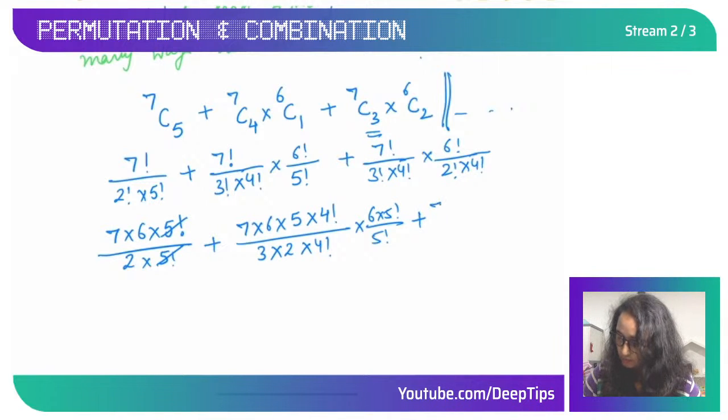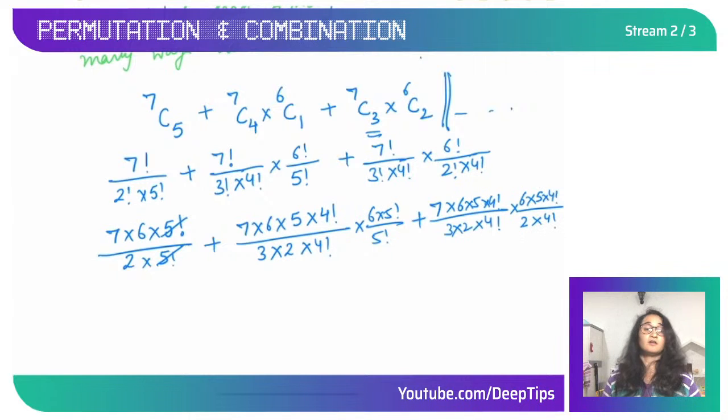I know this is a huge calculation, but we need to practice this. Into 4 factorial upon, this is again the same, and this is 6 into 5 into 4 factorial upon 2 into 4 factorial. Yeah, it's a big calculation, I know.